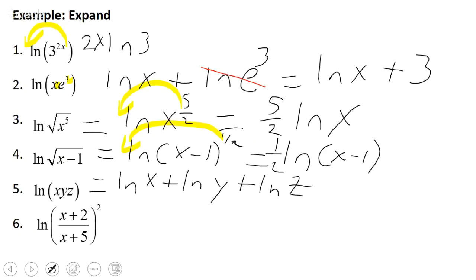Now, number 6, I have division on the inside, and I have this power of 2. Well, that squared goes for both things on the inside, so I can rewrite this using my properties of exponents.